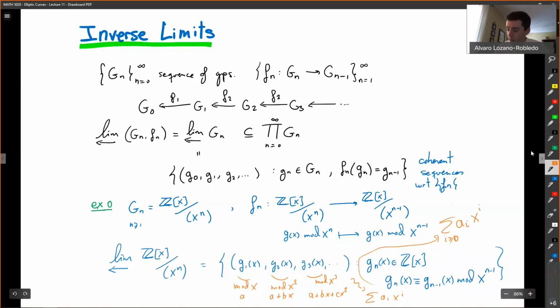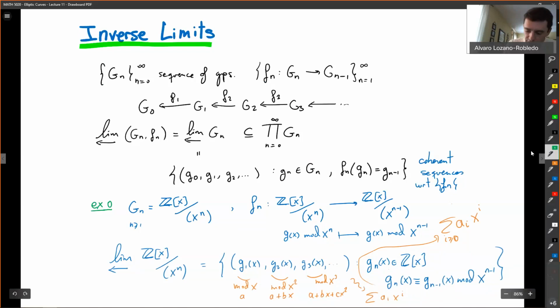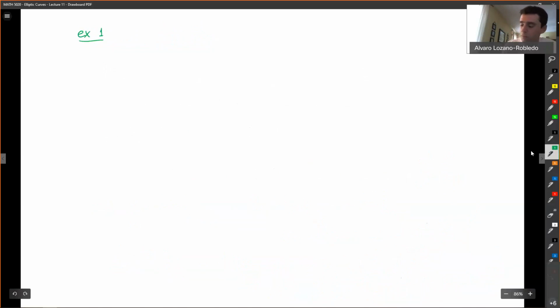All right, so let's do something a little bit more of number theory interest. So another construction. Did I call it example 0? Yes. So this is going to be example 1. In example 1, my first group is going to be Z mod pZ.